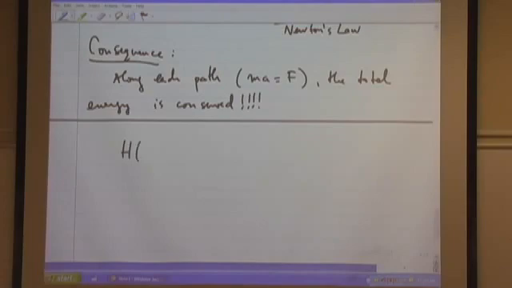The energy is defined by this H instead of L, and it's given by m x prime squared over 2 plus u of x. So again, take any path between two points.